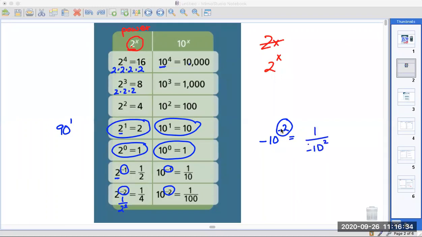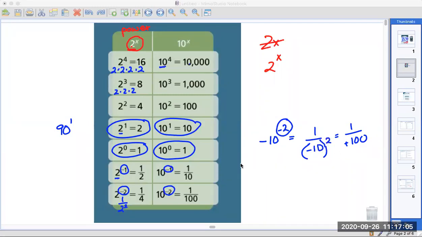Okay, so it's the negative exponent that goes to the bottom of the fraction, and it becomes a positive exponent. That would be negative 100. Now, if I put it in parentheses, it would be positive 100 because I'm squaring a negative. So the parentheses make a big difference when you square a number, okay?